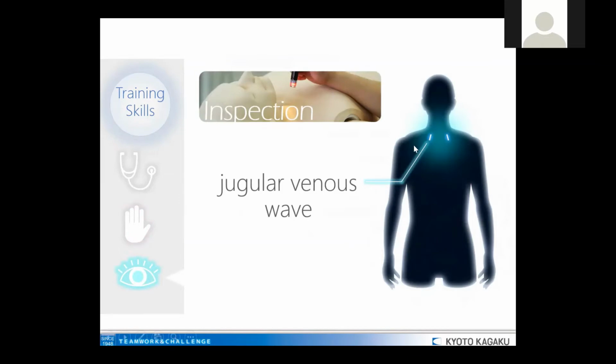This is performed by looking at the jugular veins right here, which also have a pulse, and that movement is visible with a small lamp, as here in the picture.